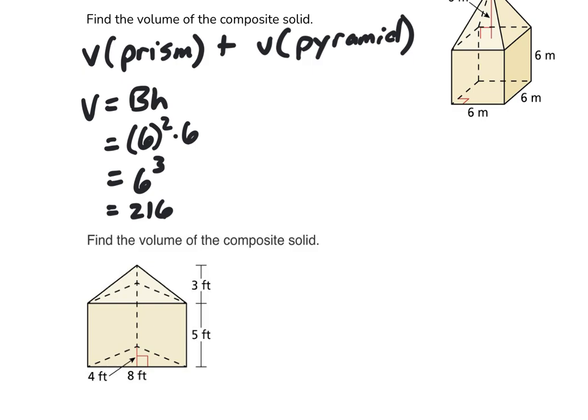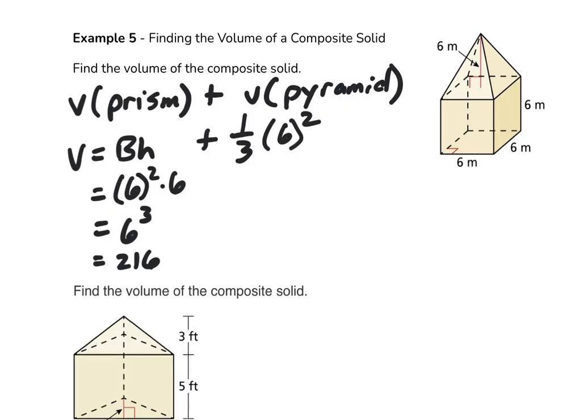Okay, the pyramid on top, it's also a base of a square. Here's the part you got to remember. Probably the part that gets left off more than anything else is we forget the 1/3 here. We get in the habit of doing base times height, then we forget the 1/3 times base times height. Okay, they have the same base, and just so happens they also have the same height.